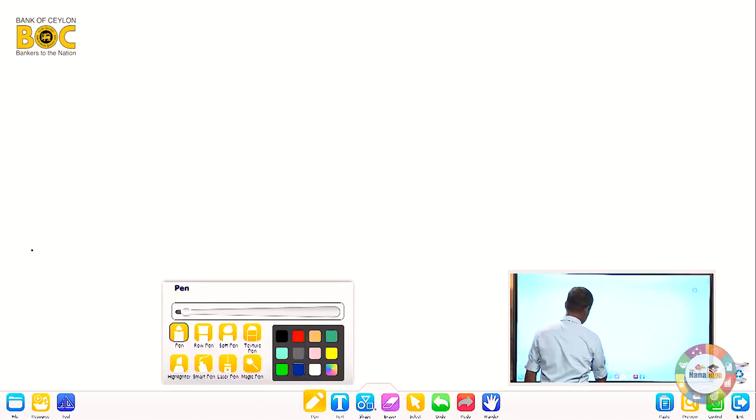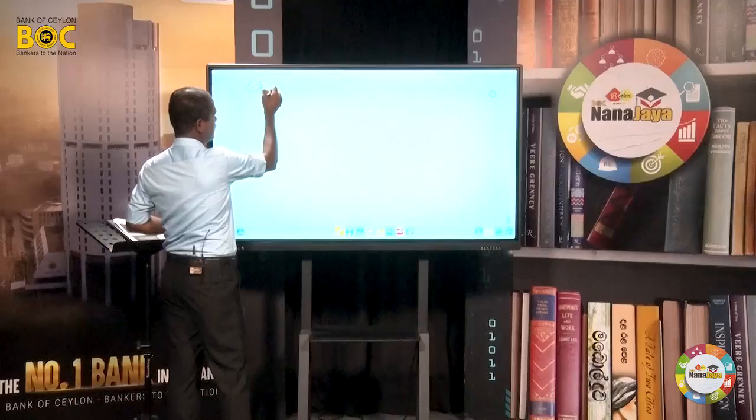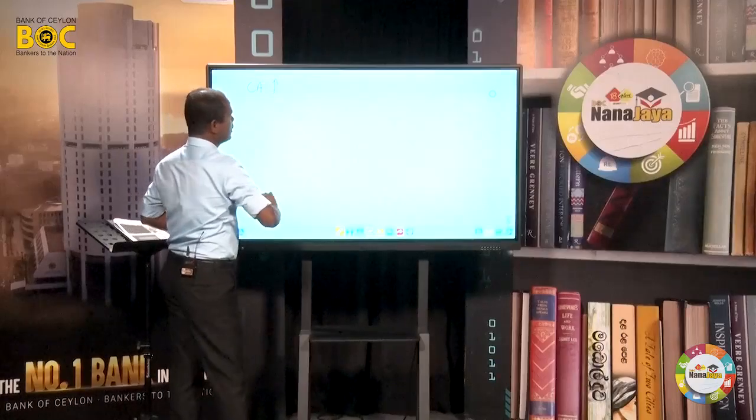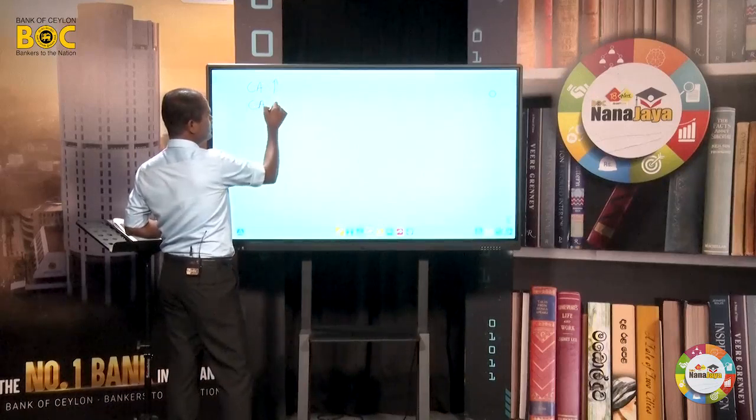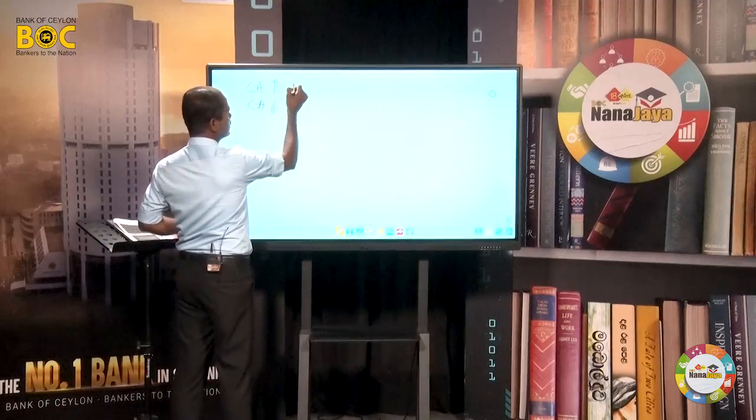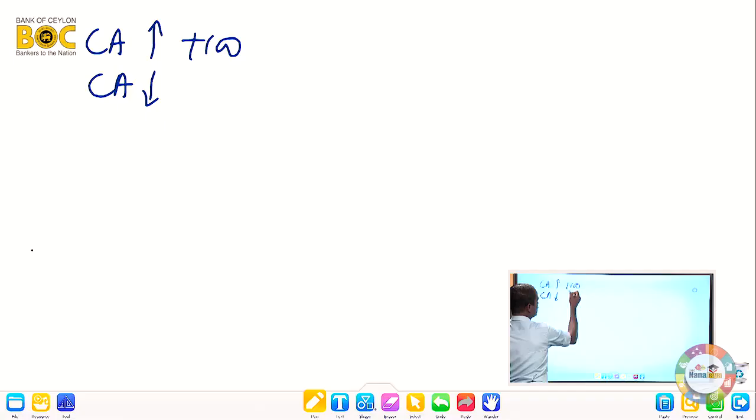When debtors pay cash, cash debit, current assets increase; debtors credit, current assets decrease by 100. The overall impact, no impact.